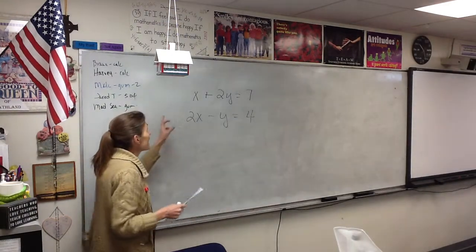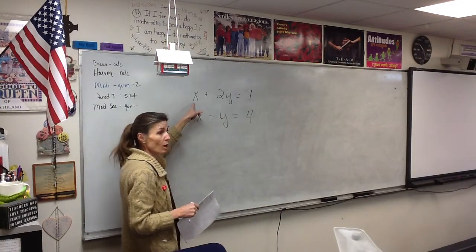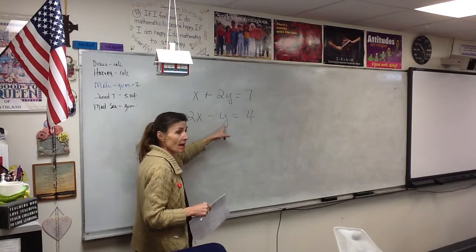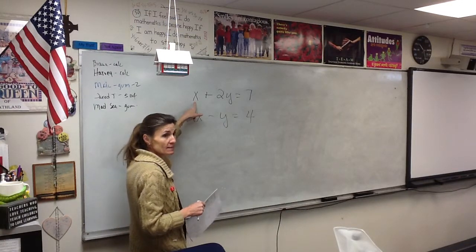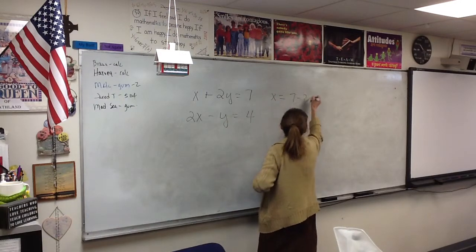I would try one of the x's or the y's. You're going to choose wisely. Maybe this one. I think it'd be easier to get this one by itself. So x equals 7 minus 2y.